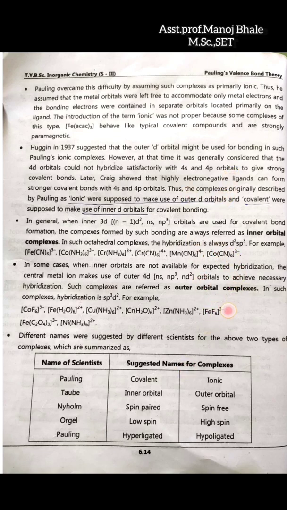In the inner orbital complex, there is involvement of the inner d orbital, that is the 3d, (n minus 1) d orbital, along with ns and np3. So this is about the inner orbital complex.